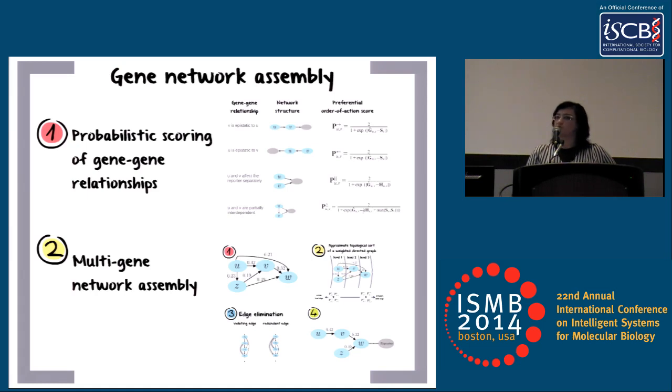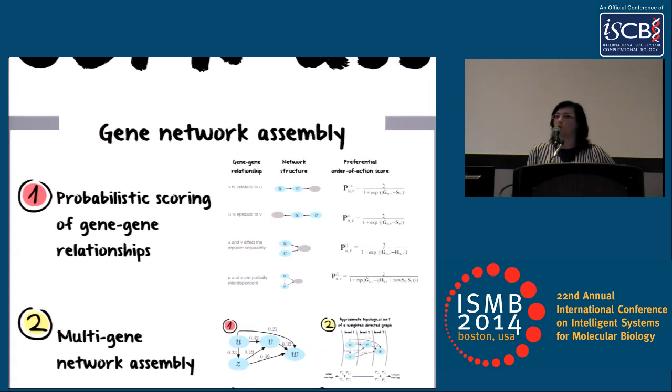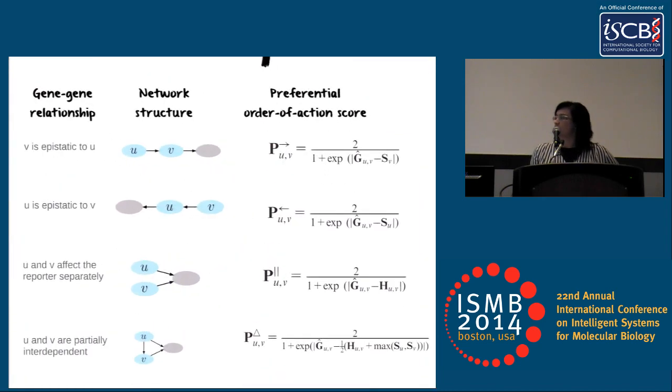The first step in the G network assembly is to probabilistically score gene-gene relationships based on our latent data representation that we got in the first step. And for that, we use the rules that are shown here on the right.